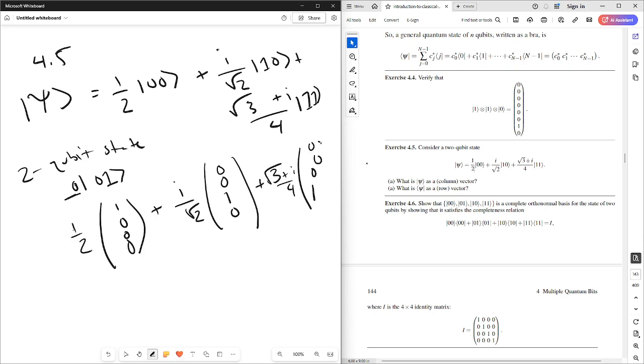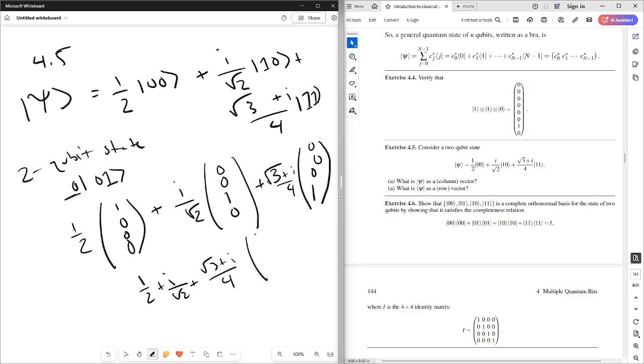So to write this as a column vector, we just marry everything together, right? So we've got 1/2 plus i over square root of 2 plus (square root of 3 plus i) over 4, and then we add our column vectors together, which gives us 1, 0, 1, 1.